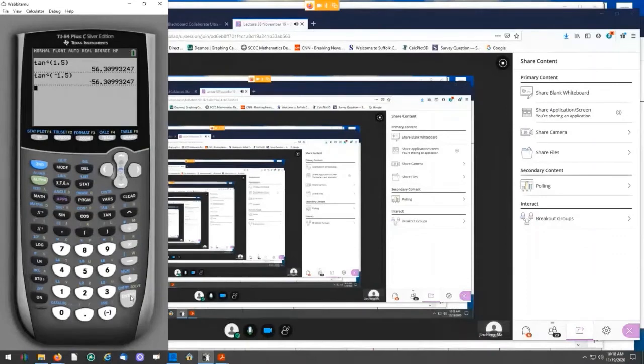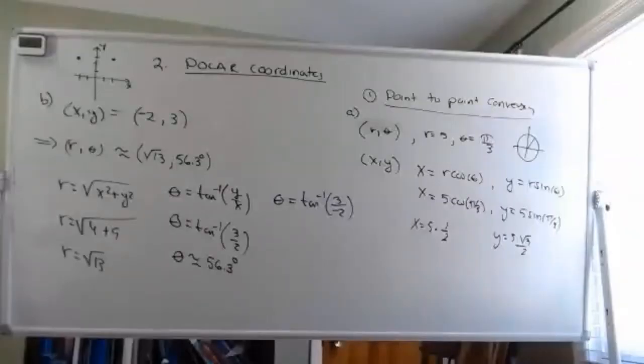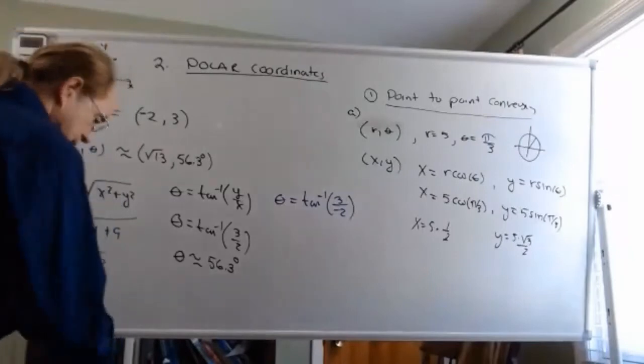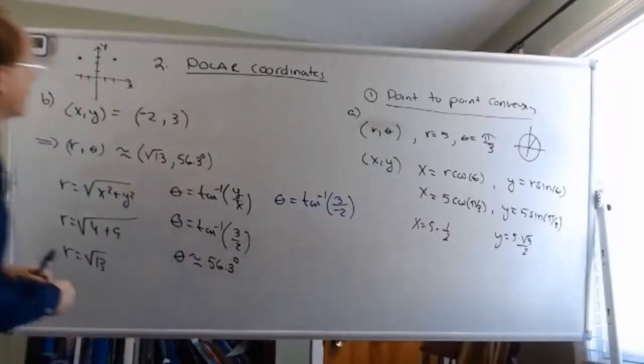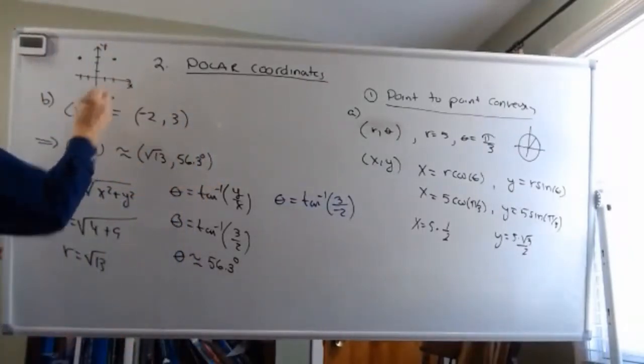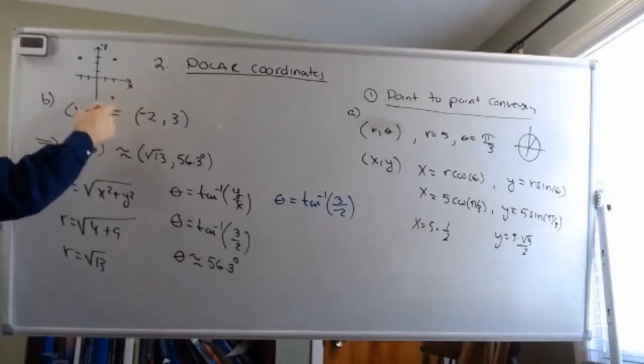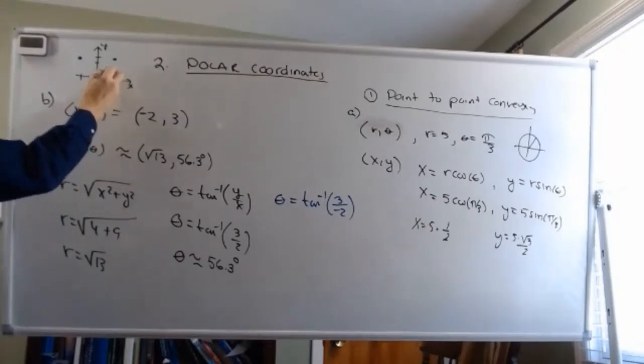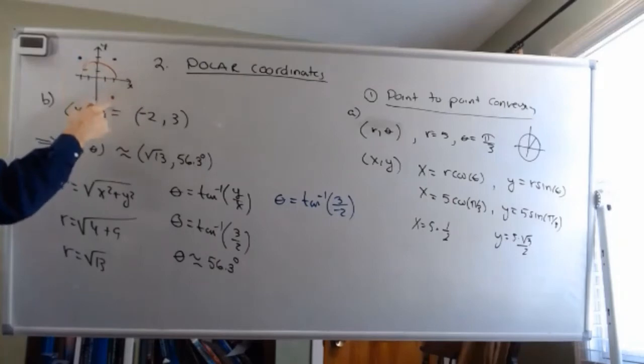It's going to give me an angle of negative 56.3 degrees. Okay, so that's what I have. So it put me over here. That's where it put me. That's not the angle I need. I want to get this angle over here. So what do I have to do?